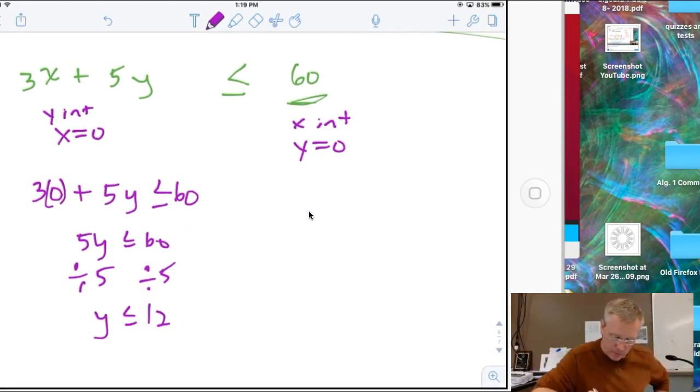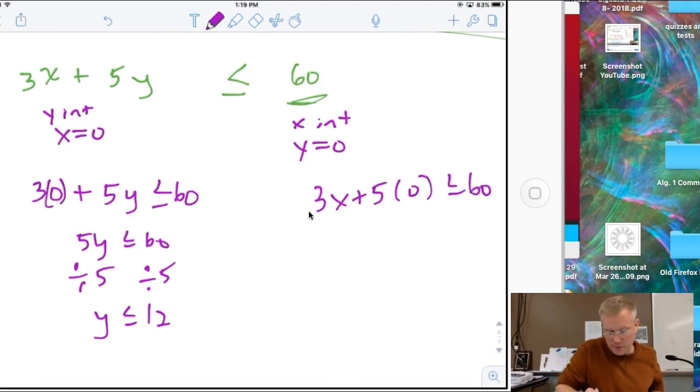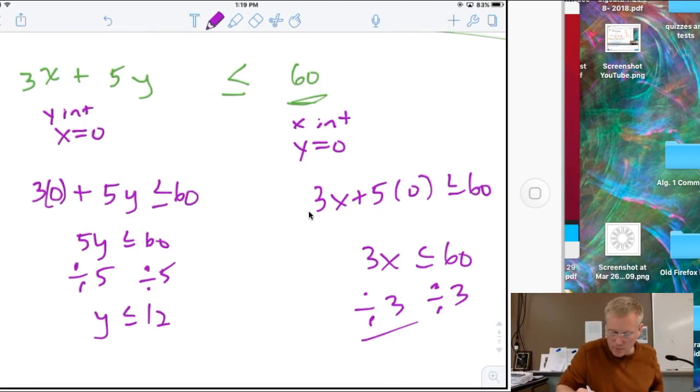All right, over here, plug in y equals 0. I got 3x plus 5 times 0 is less than or equal to 60. 5 times 0 is 0, so I get 3x is less than or equal to 60. Divide by 3. I get x is less than or equal to 20.